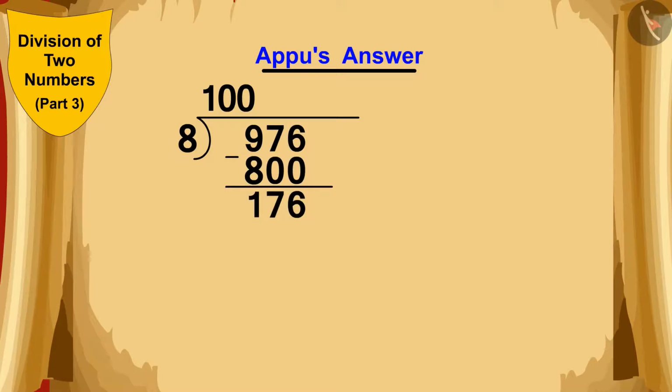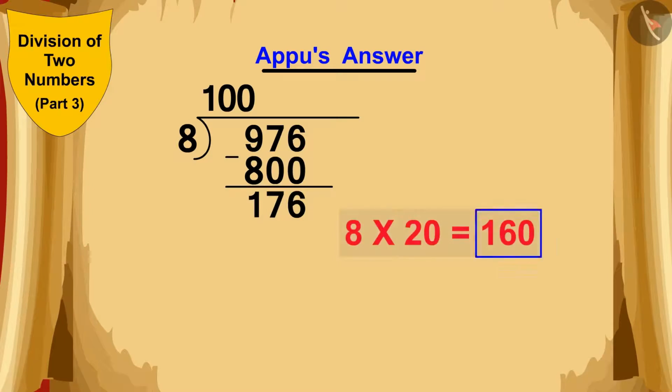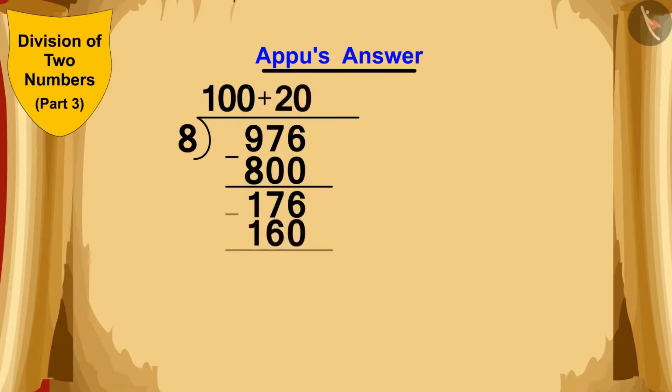Now Appu saw that 8 times 20 is 160. So he added 20 above, and at the bottom he deducted 160 from 176 and wrote 16 at the bottom.